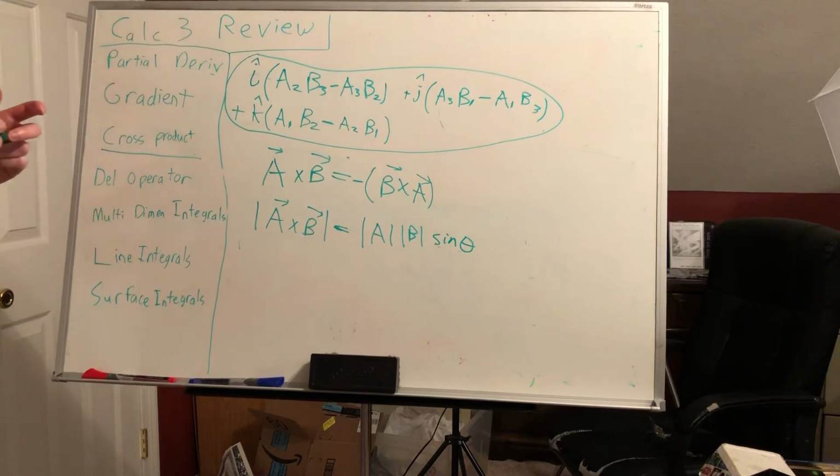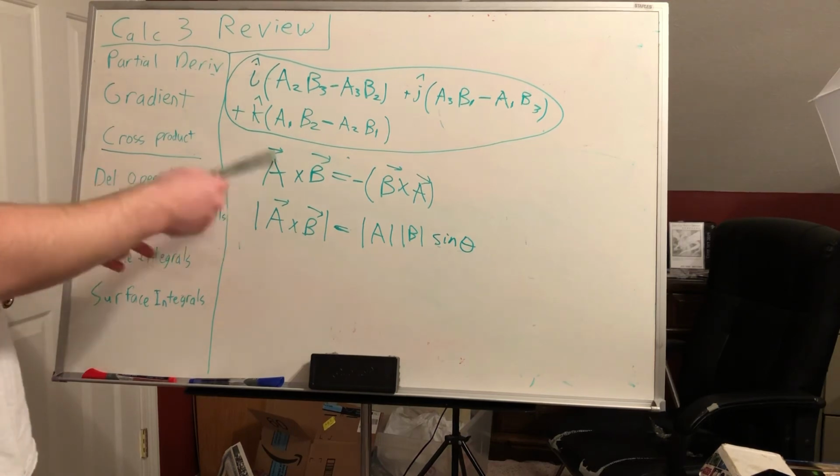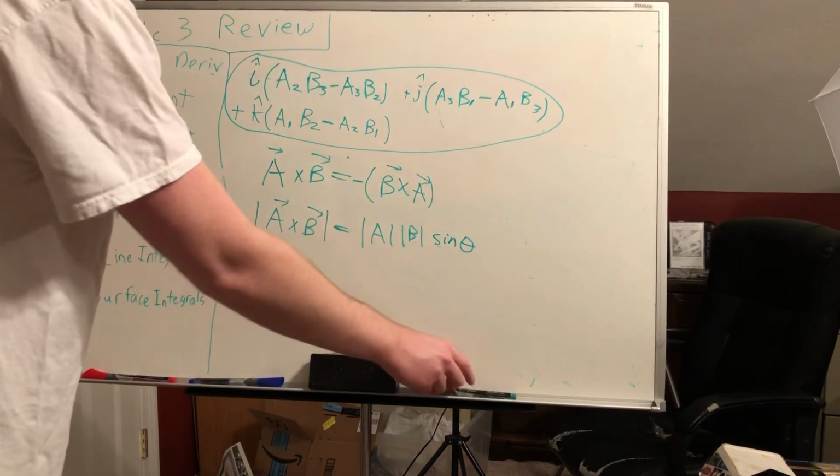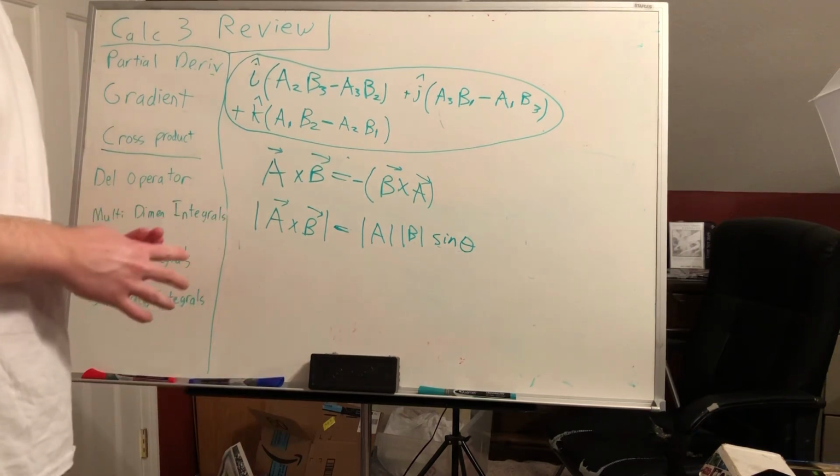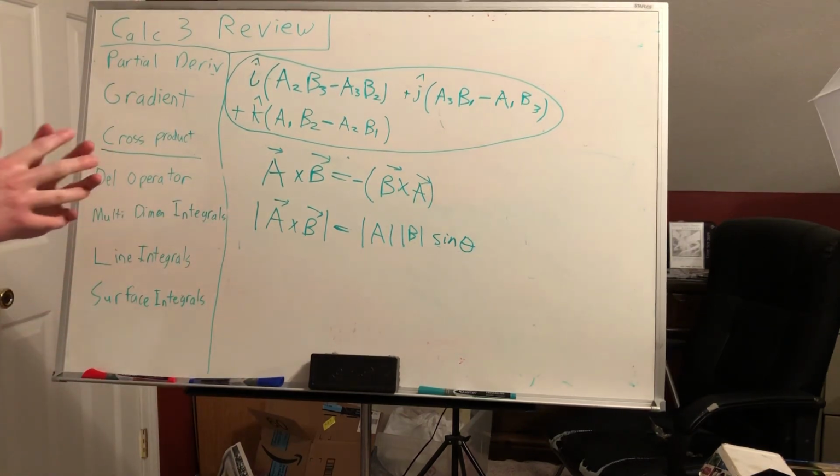So the cross product will have the biggest magnitude when these two vectors are perpendicular to each other. And when they're parallel, it'll go to 0. Alright, I think those are some good things to know about the cross product. That'll be it for this video.